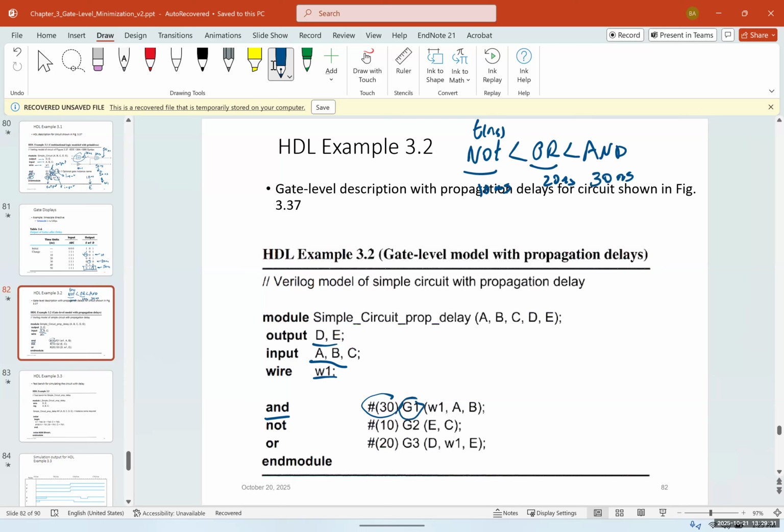The gate is called G1, the output is W1, and the inputs are A and B. For the NOT gate, it takes 10 nanoseconds. It's G2, input is C, and output is E. For the OR gate, it takes 20 nanoseconds. It's G3, the output is D, and the inputs are W1 and E.